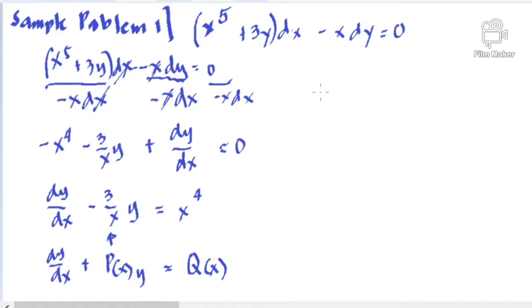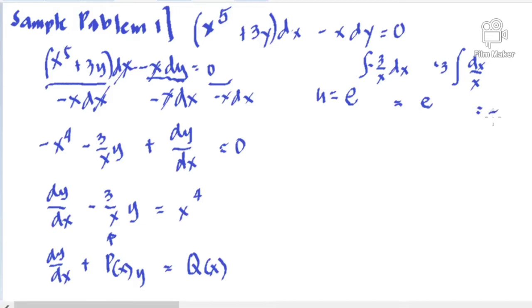Ngayon, we have to get the integrating factor. So, the integrating factor u is equal to e to the, ano yung p ulit natin? So, negative 3 over x and then dx. So, simplify natin. Labas natin yung negative 3. Then, dx over x. Ano napansin nyo dito? Integral of dx over x is correct, ln of x.